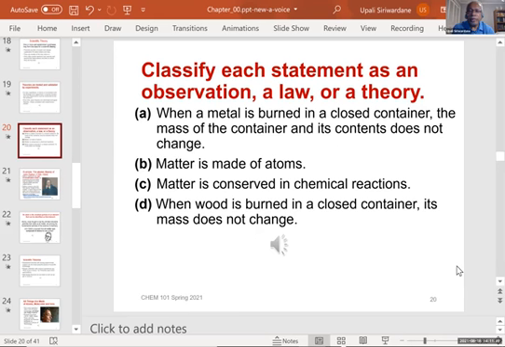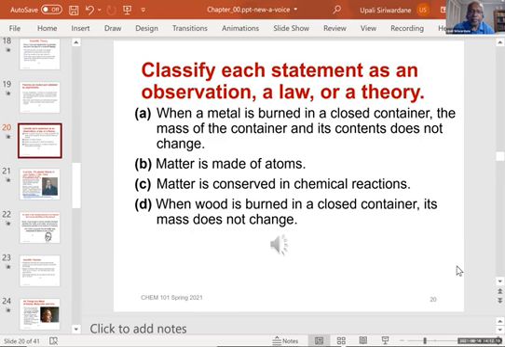When a metal is burned in a closed container, the mass of the container does not change. Is it a law or theory? It's a law. Observation. I think it's an observation. Matter is made out of atoms. That's a theory. Matter is conserved, that's a law. When wood is burned in a closed container, its mass does not change.